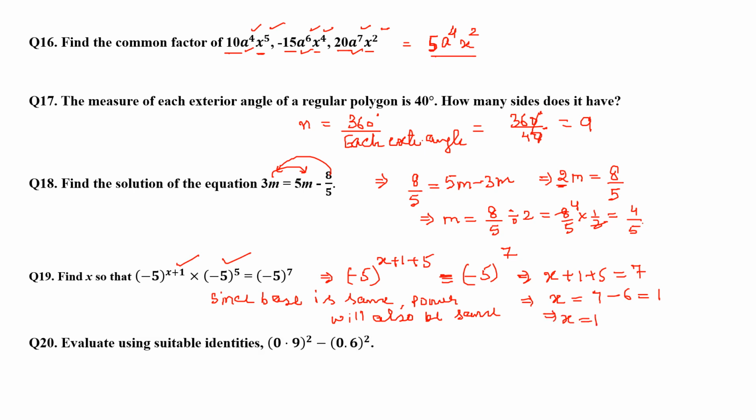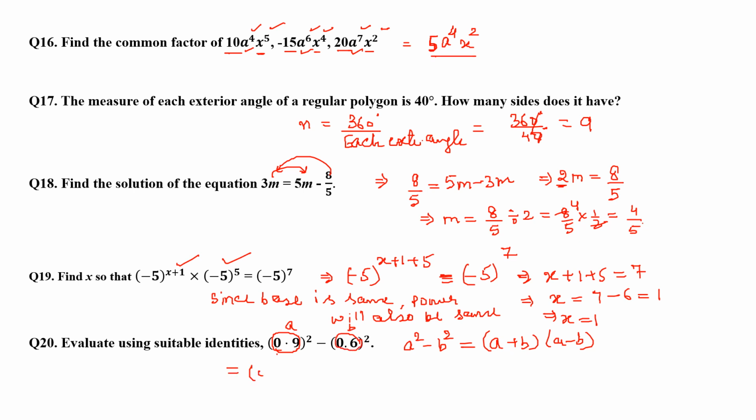Now question number 20. Evaluate using suitable identity: 0.9 square minus 0.6 square. Very clearly you can see this is the identity a square minus b square, which equals a plus b into a minus b. First you identify what is your a. So your a is this and your b is this. Now just put the value.